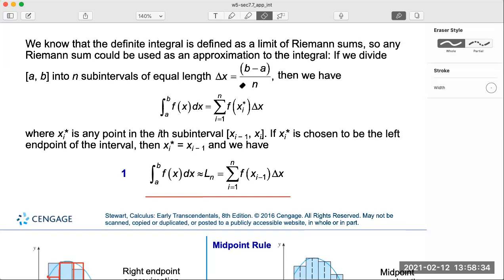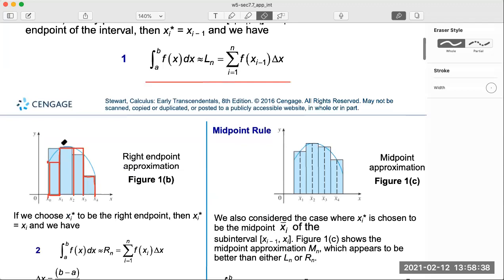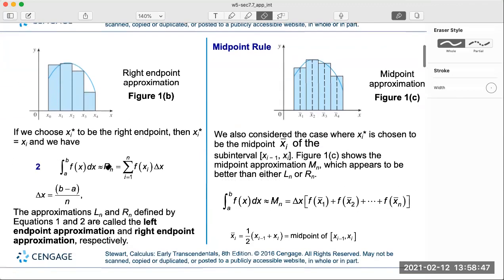Similarly, if we pick xi* to be the right endpoint of each interval, like this graph here, we call it the right endpoint rule, which is the sum from i equal to 1 to n of f(xi) times delta x.